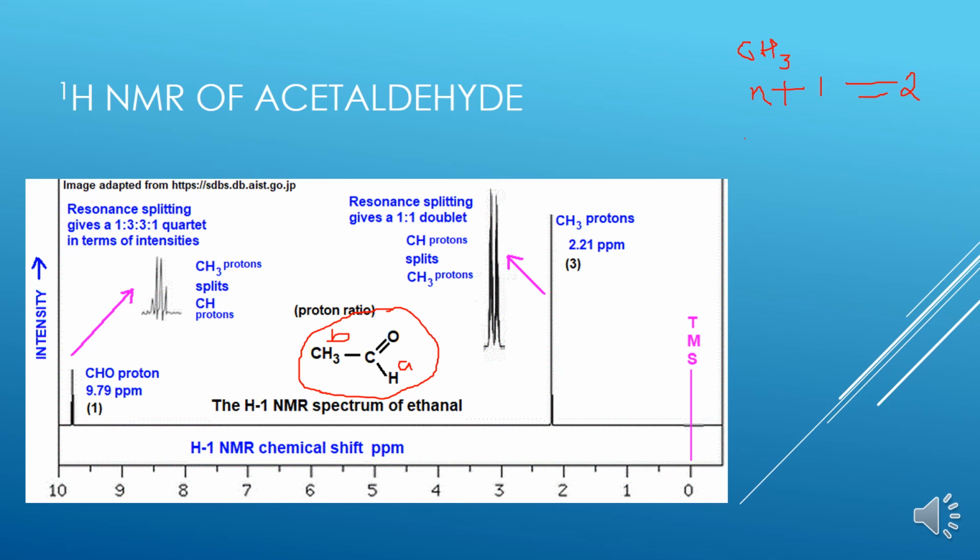For the aldehyde proton, for the CHO splitting, there will be 3 neighboring protons.